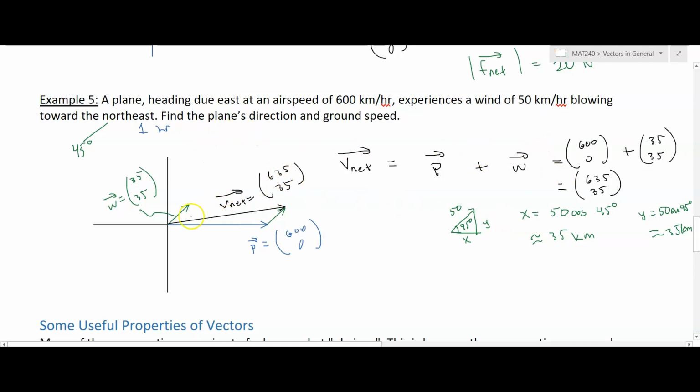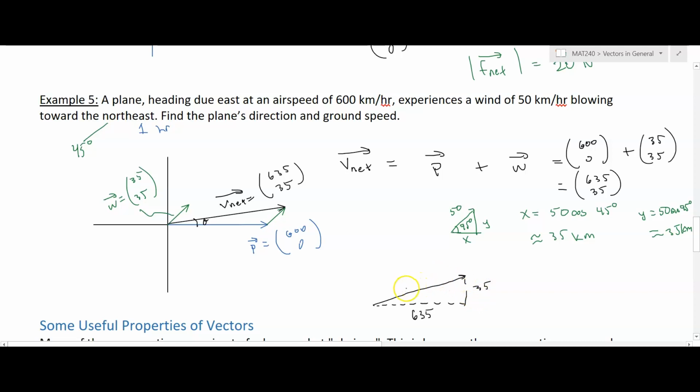So we want to know its direction. So we want to actually find this theta right here. And to find that theta, let me just go ahead and once again draw the v-net vector. And this is the vector that has two components. We know that the x component is 635, and that's in kilometers per hour. This is 35.